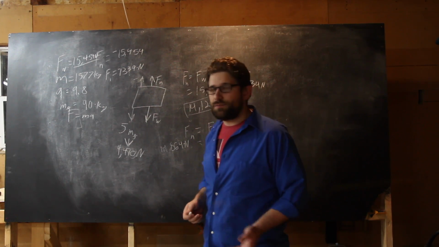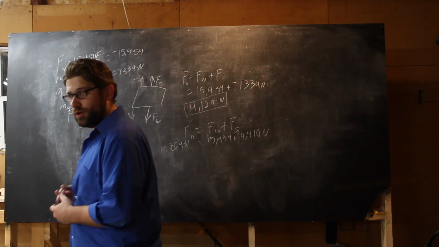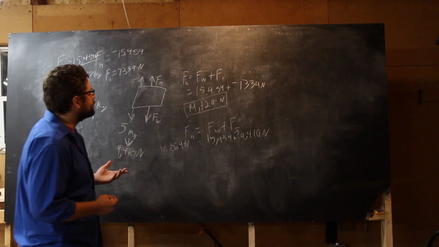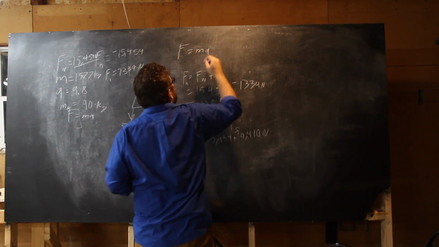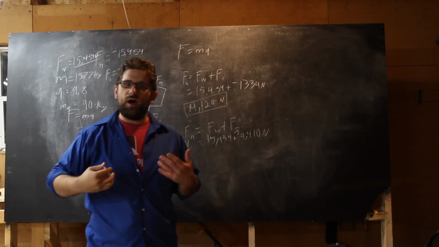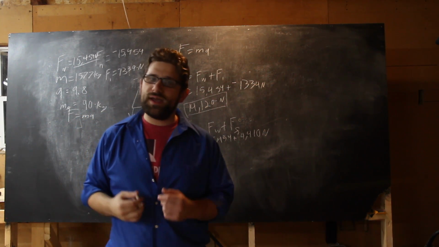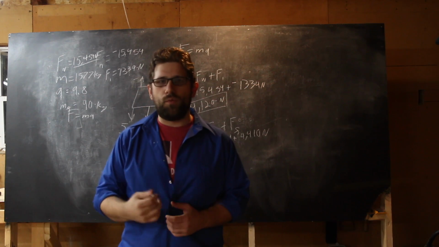So these are some nice, pretty simple calculations. We're just looking at one equation, F equals ma, and looking at the addition of forces. So for our next problem, let's get into something a little more complex.